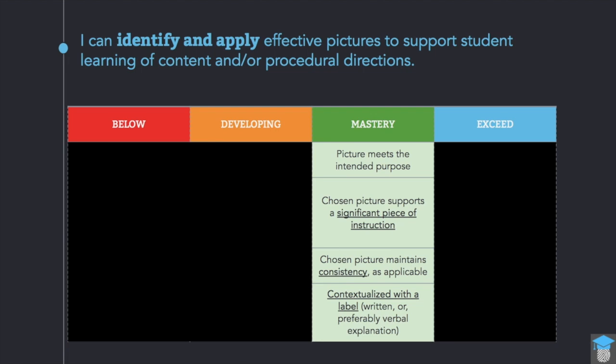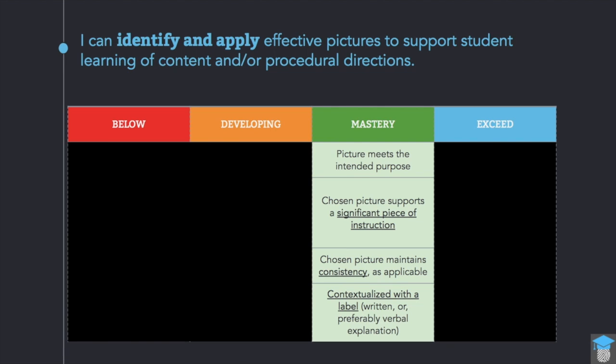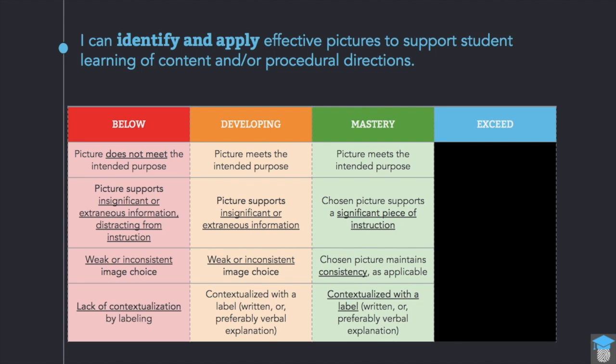After identifying your mastery traits, go to developing and below. These areas of our rubric will outline the stepping stones, the things that might be missing. We're anticipating needs for ourselves of how we can progress to mastery. Developing.